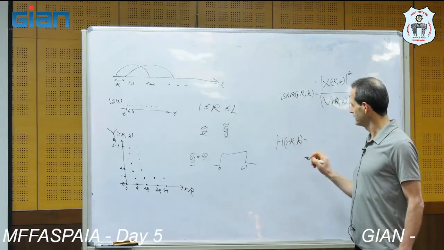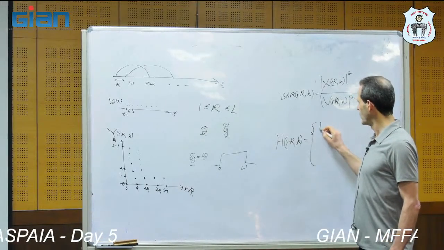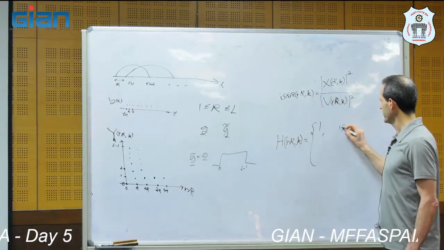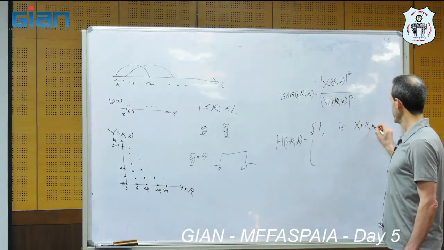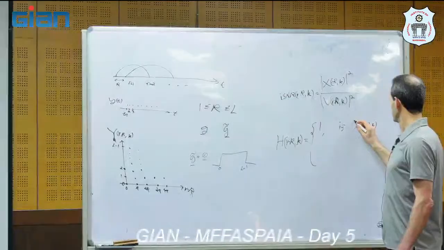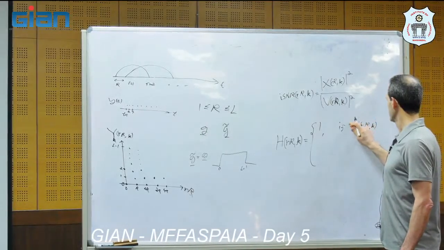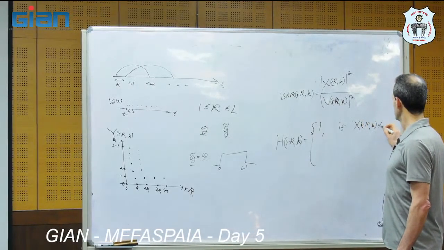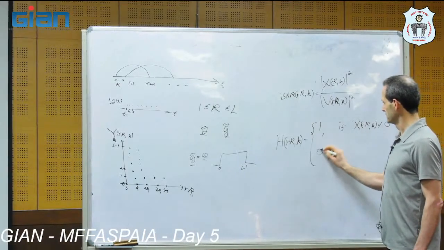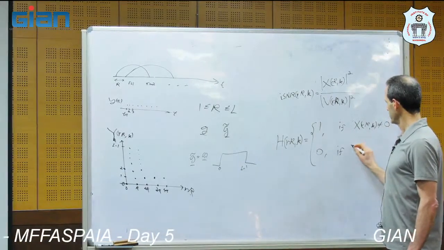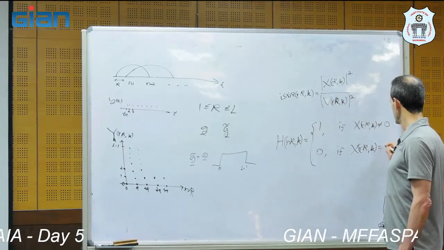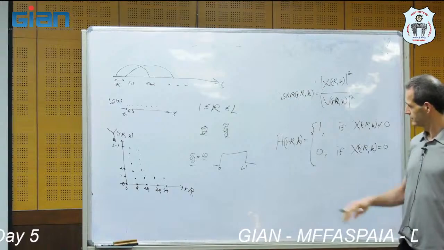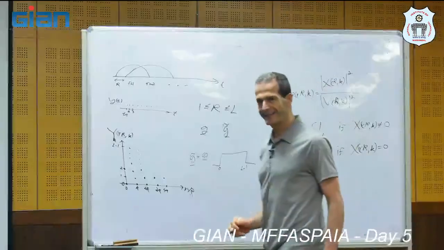It can be 1 if X(r,k) is not 0, and 0 if X(r,k) equals 0. Do you agree that I can choose a gain like this?